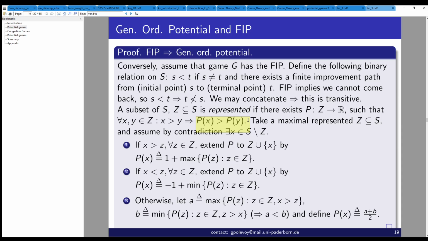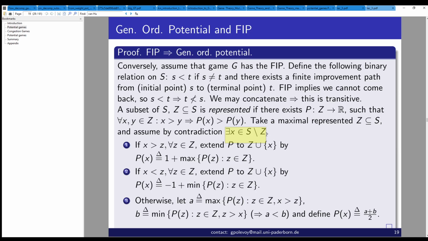Now, take a maximal represented subset of S. Maximal means that there is no strictly including subset which is also represented. And assume by contradiction that there exists an element outside of that.